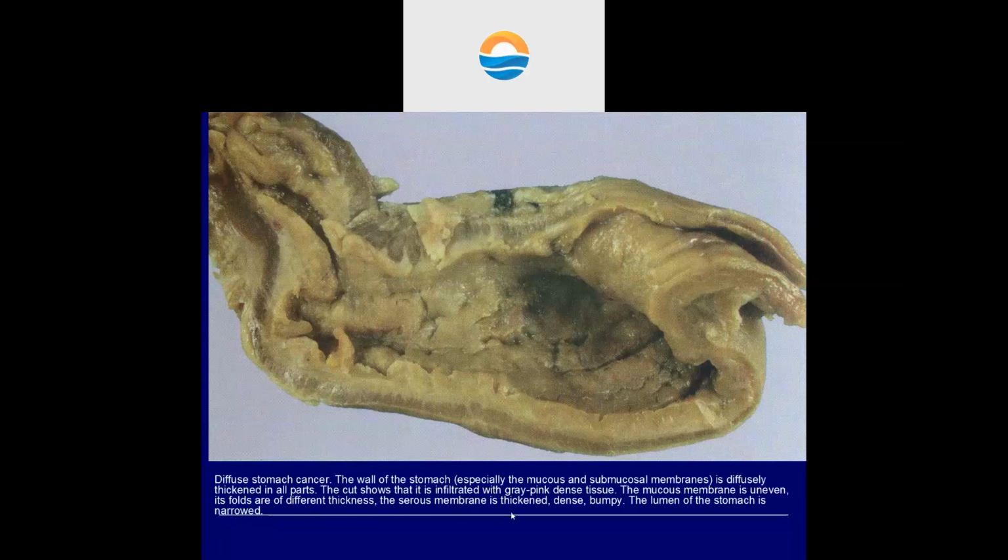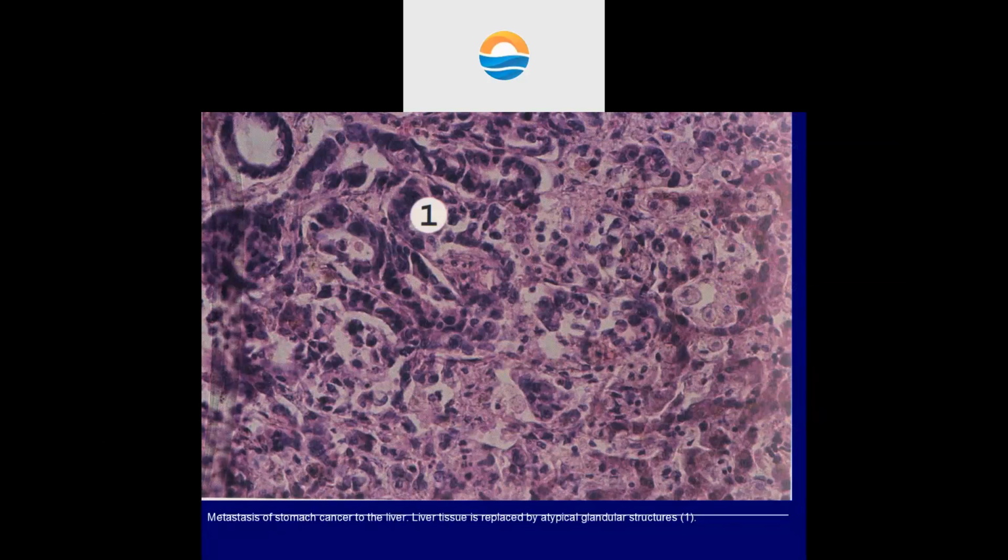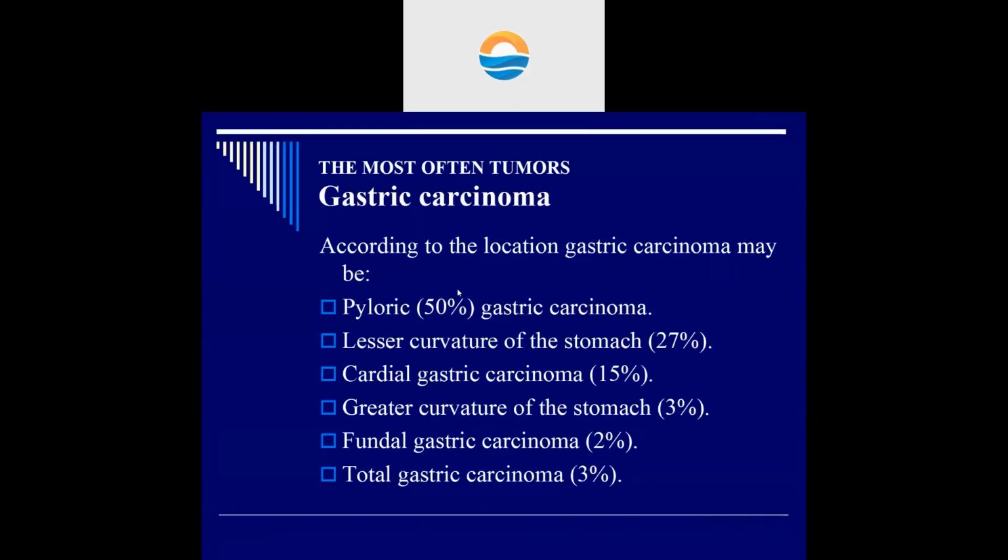The serous membrane is thickened, dense, and lumpy. The lumen of the stomach is narrowed. Under the microscope, here you see the adenocarcinoma metastasis to the lymph node. I have already shown you that picture at higher magnification.